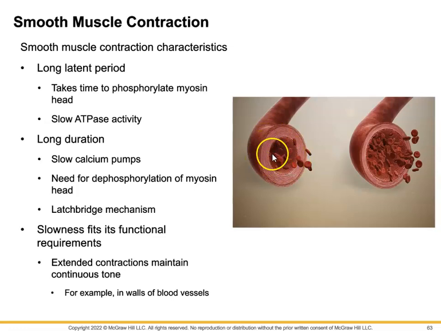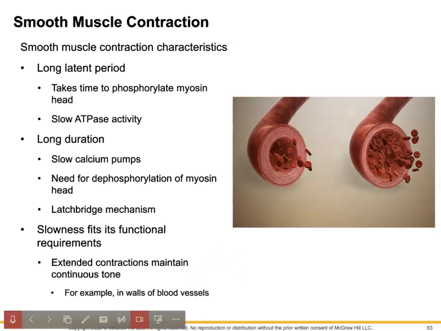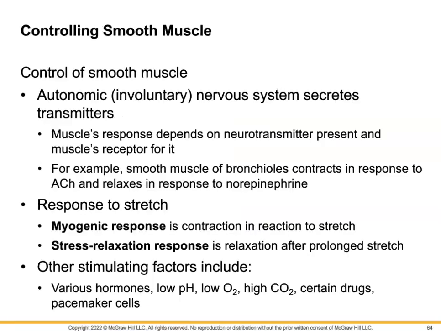The lumen is much smaller. So this would limit the blood flow to a particular area. This contraction, because it is slower to contract and slower to relax, allows us to control the flow much better than if that were skeletal muscle.